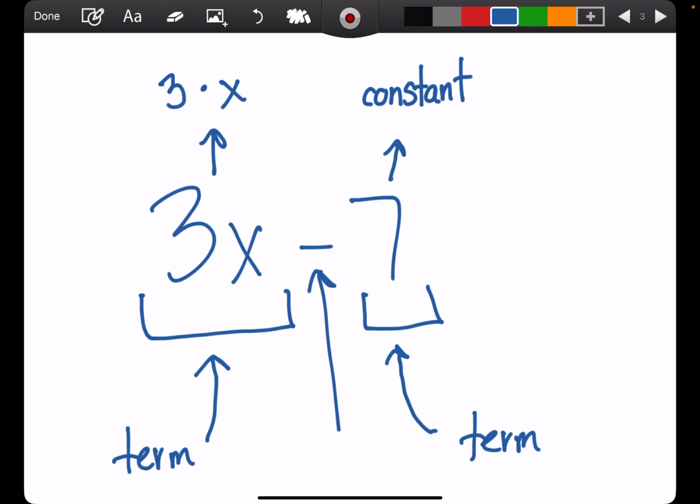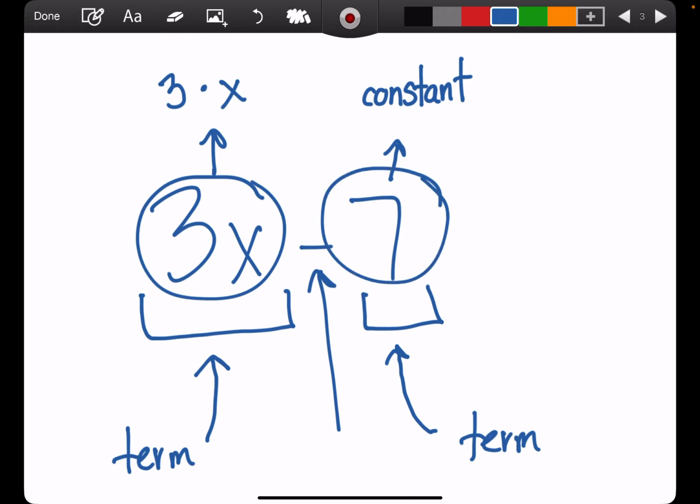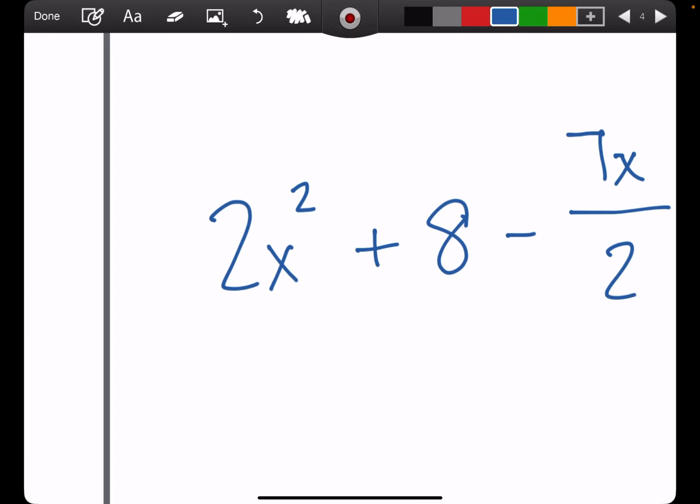If you have an addition symbol or a subtraction symbol, those are symbols that separate terms. So the subtraction symbol here allows us to realize 3x and 7 are separate terms because in between them is a subtraction symbol.